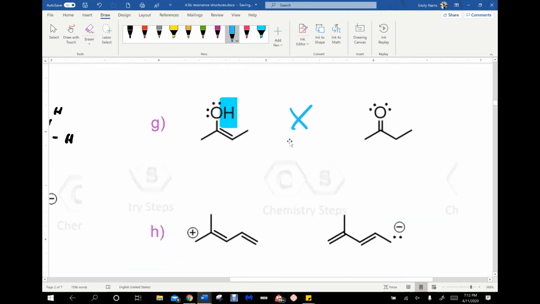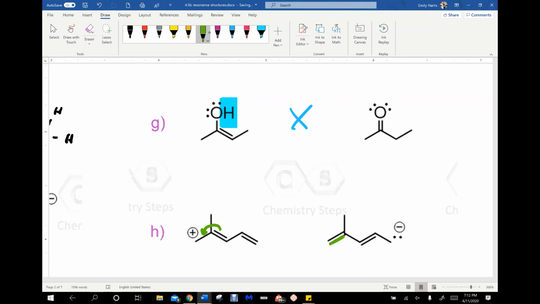Then last, let's give H a try here. So we have some double bonds, and then we also have a positive charge. Okay, so it looks like we could maybe move this double bond over to satisfy that need for electrons on that carbon.